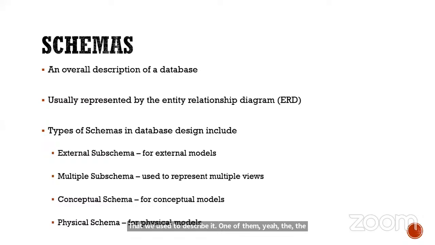Mostly an entity relationship diagram is used in designing and representing a schema. There are types of schema, although we call them sub-schemas, because the database schema is the overall description of the database.